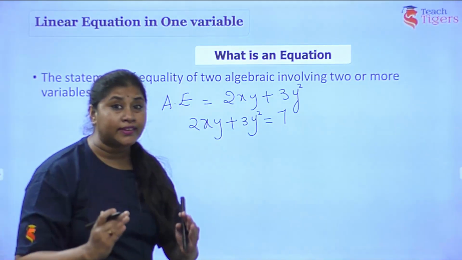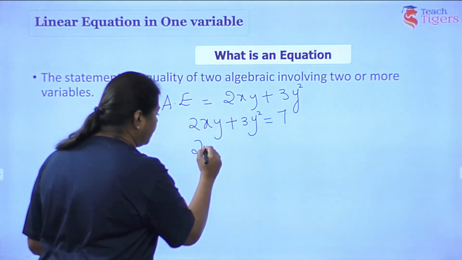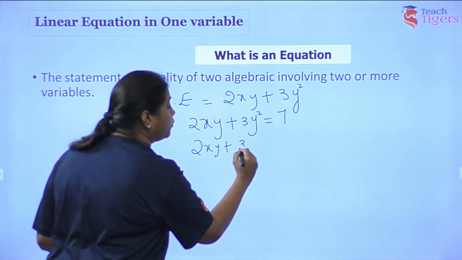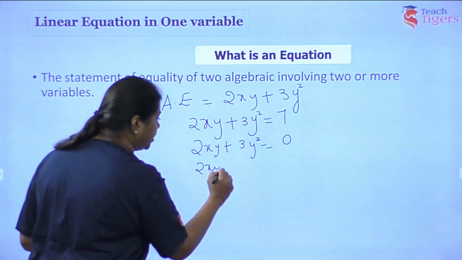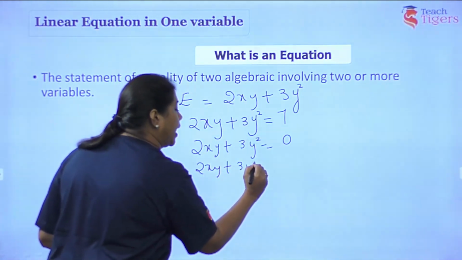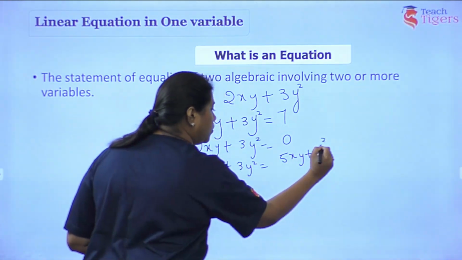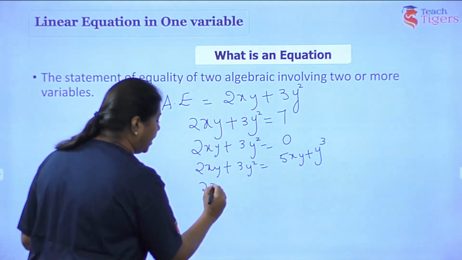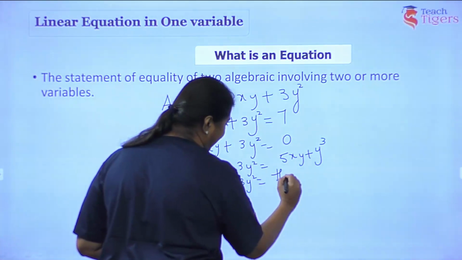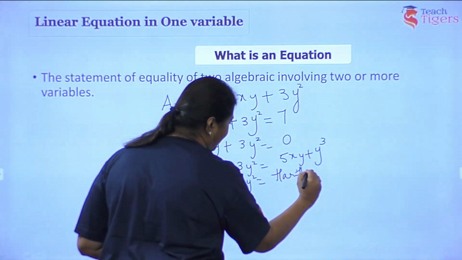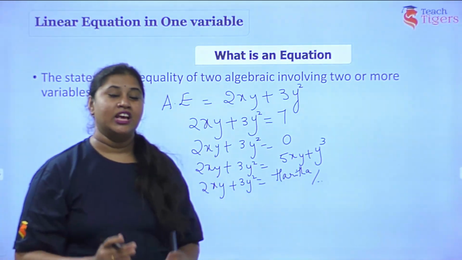So I have equated this algebraic expression to a constant. The same algebraic expression I would equate to 0 as well, or to another algebraic expression. Then I would say I will equate this to myself, Haritha. Yes. So now all these form equations.